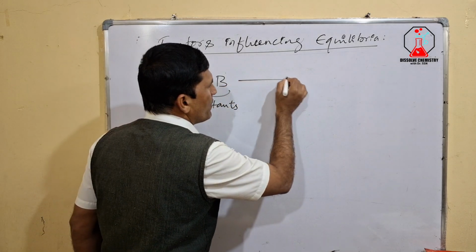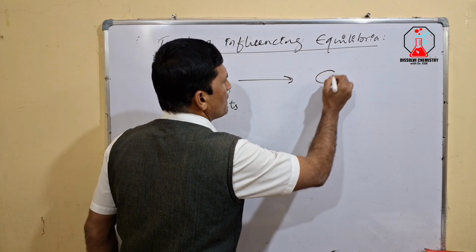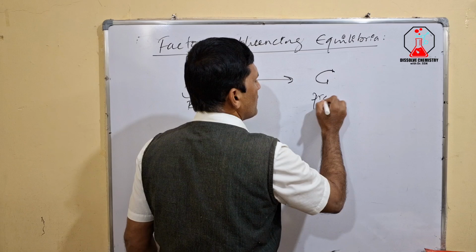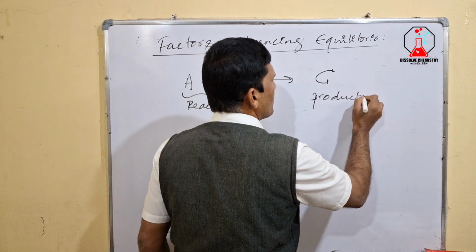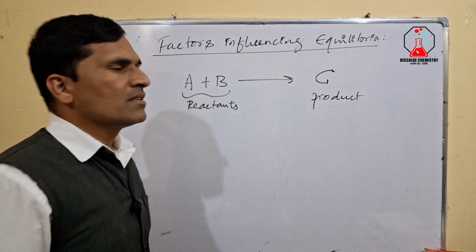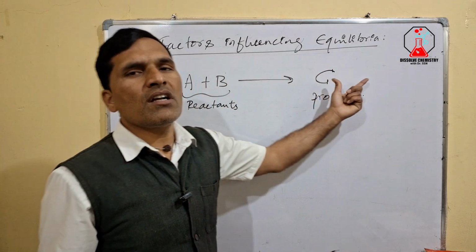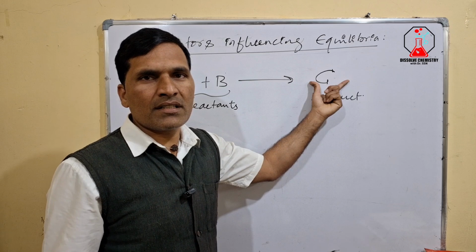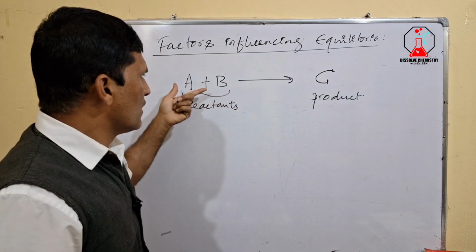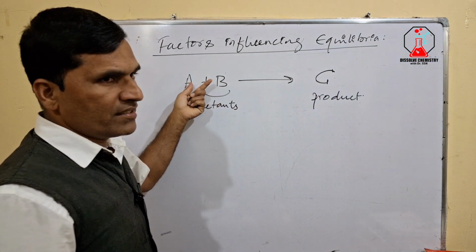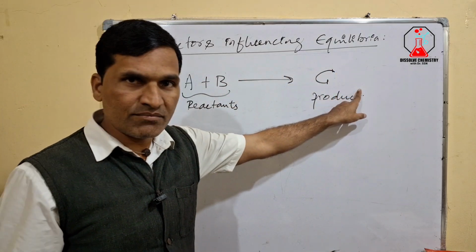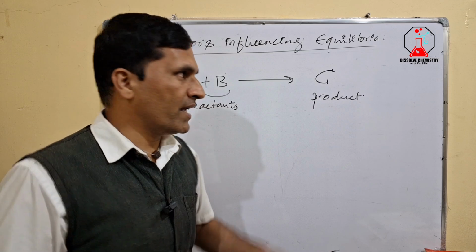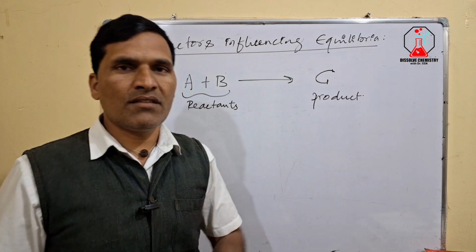If this combination leads to the formation of C, for example, and C is the product, always remember that as a chemist, we are fond of the product. So the first thing is that A and B must have the tendency to combine to give the product C, or to what extent they combine and give the product C.